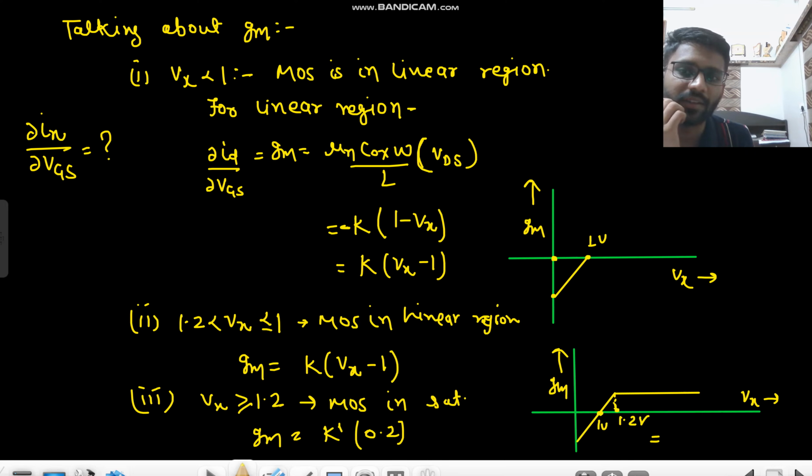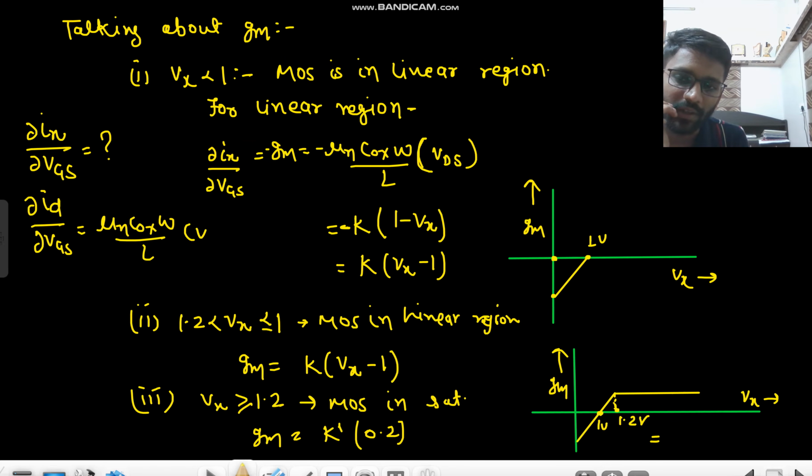Instead of this here, if I write delta Ix upon delta Vgs, that would be equal to minus Gm and this minus alpha. Yeah. So delta Ix upon delta Vgs we need to find, but we know that delta Id upon delta Vgs is some mu n Cox W by L into V overdrive. This is our delta Id upon delta Vgs.